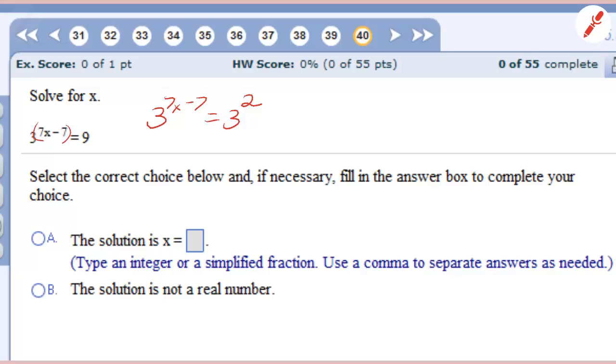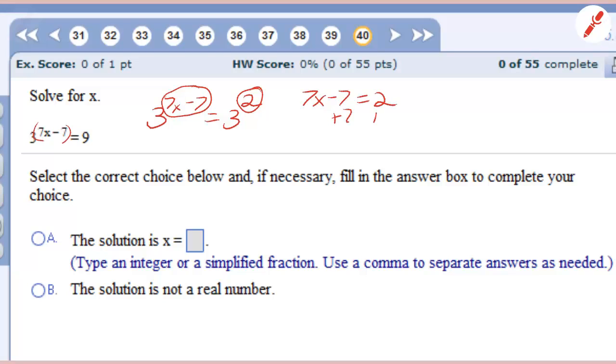Now you remember we said and showed you that exponentials are one-to-one functions. Therefore, this power has got to equal that power. So I can say 7x minus 7 equals 2, and I can solve this equation.